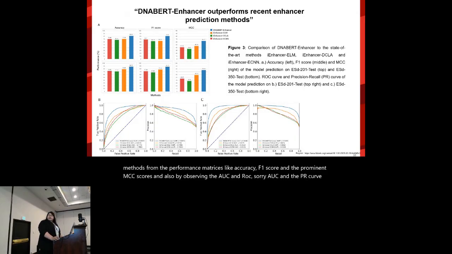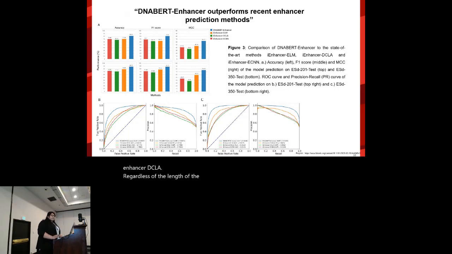It is clear that our model shows superior performance in discriminating enhancer from non-enhancer regions, followed by iEnhancer-ELM, iEnhancer-ECNN, and iEnhancer-DCLA, regardless of the length of the sequences. These prediction results from both the baseline classifiers as well as the state-of-the-art methods once again prove that the models on 350 base pairs perform better compared to 201 base pairs.